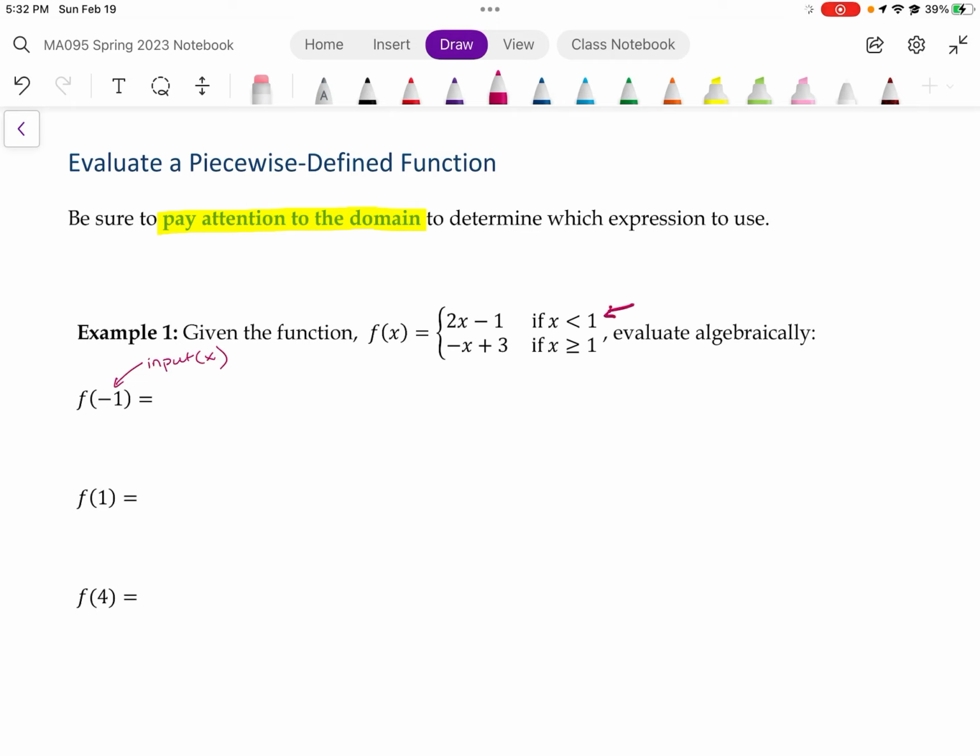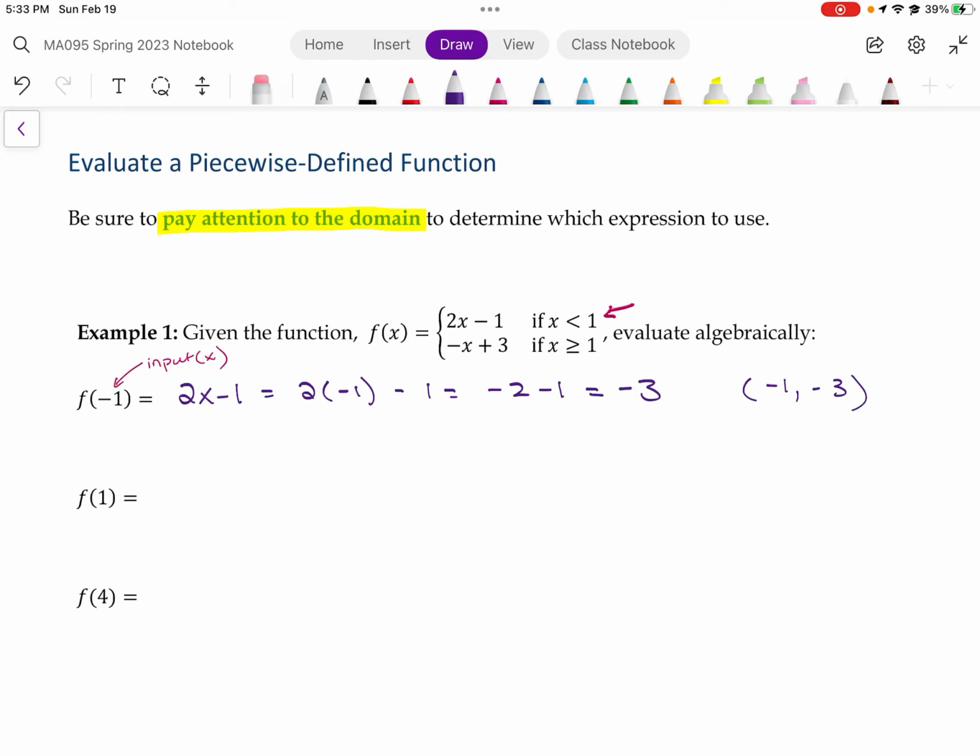So f of negative 1 is going to be evaluated with 2x minus 1. That's the one we're going to use. Well, x is negative 1 in this case. So 2 times negative 1 minus 1 is going to be negative 2 minus 1, which is negative 3. Okay, so that is going to be the point, negative 1, negative 3.